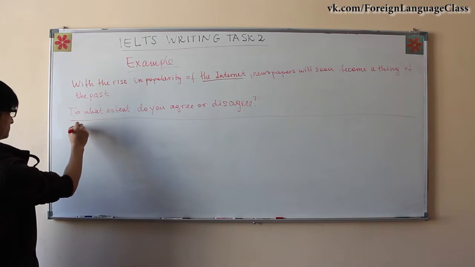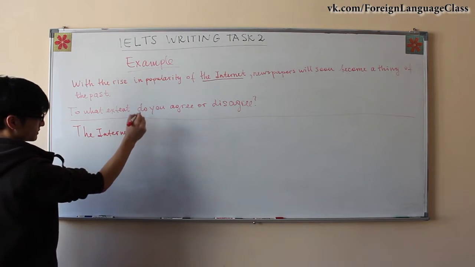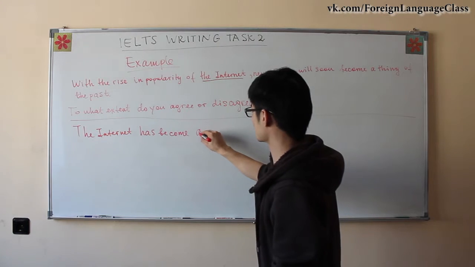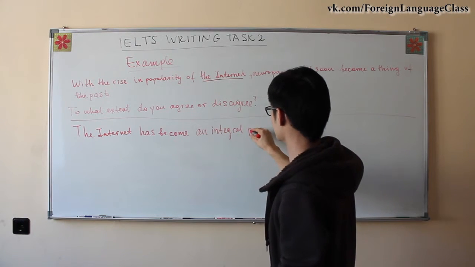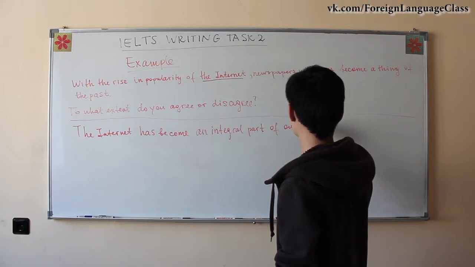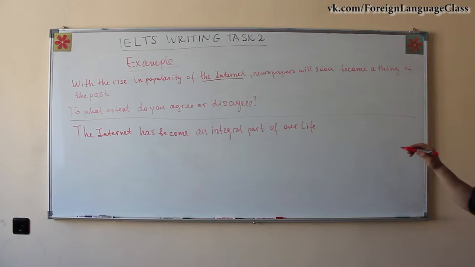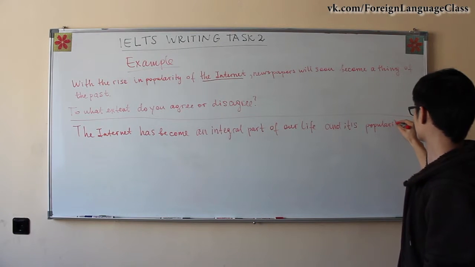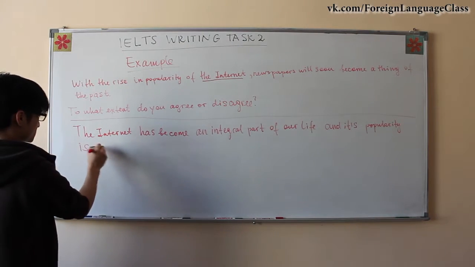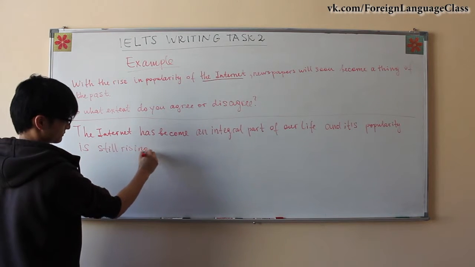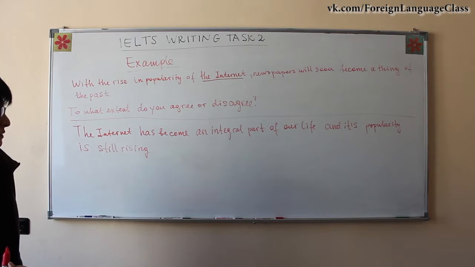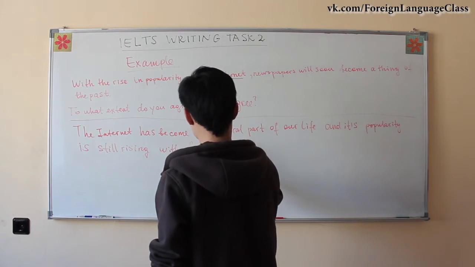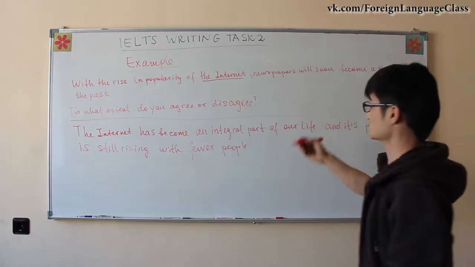For example, the internet has become an integral part of our life, and its popularity is still rising, while newspapers are becoming less popular, with fewer people reading newspapers.